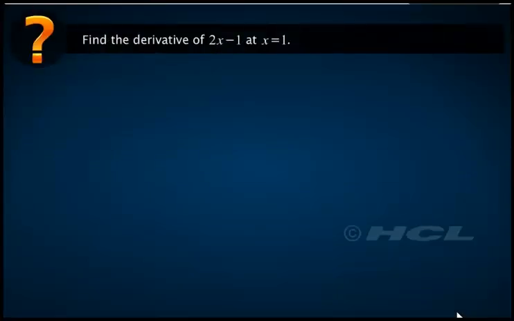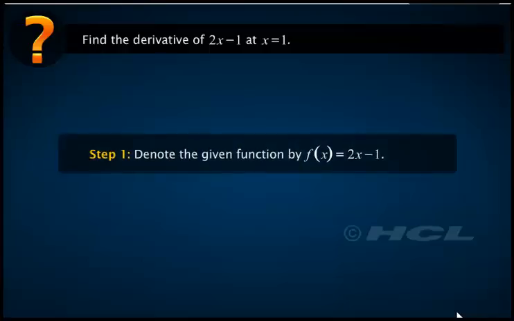Let's first see how to find the derivative of a function at a point. For this, let's take a simple function, for example 2x minus 1 and find its derivative at x equals 1. First, let the given function be f of x.